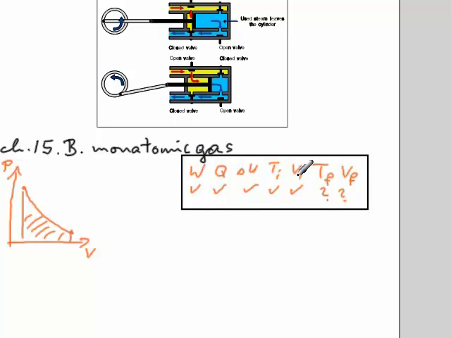They ask us first to figure out what the final temperature is, because when you peruse the equations given in this chapter, we can only use the ones that have the word adiabatic in front of them, or the ideal gas law, that applies to everything. But for example, we cannot use an equation that specifically says this is only for an isobaric process or only for an isothermal process.